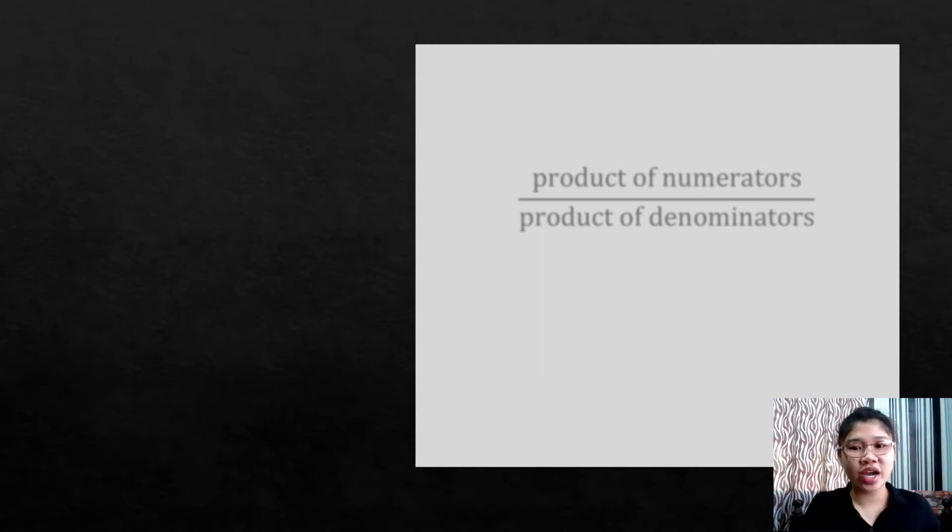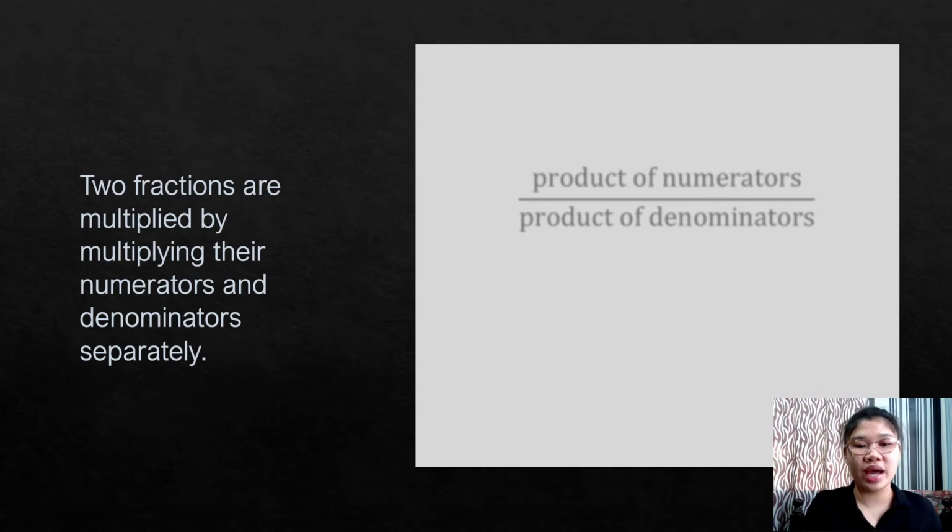I have here a lot of supporting statements that will help you understand or comprehend more about fractions. First, two fractions are multiplied by multiplying their numerators and denominators separately.